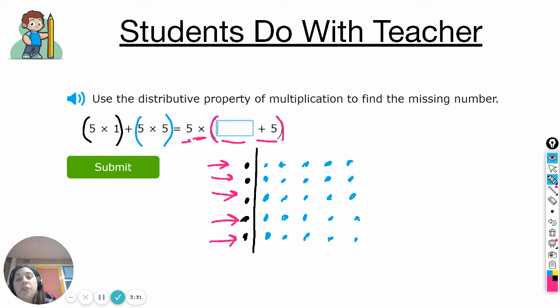I'm going to look at just one row, and I have to figure out what plus 5 equals how many I have in the whole row. Well, I have 1 black dot and I have 5 blue dots. So if I'm adding up the whole row, I'm adding up 1 plus 5. So you can see here, blank plus 5 is really 1 plus 5. That tells me there's 5 rows, and in each row there's 1 black plus 5 blue.